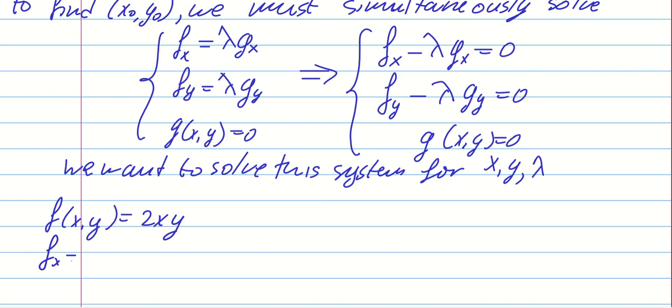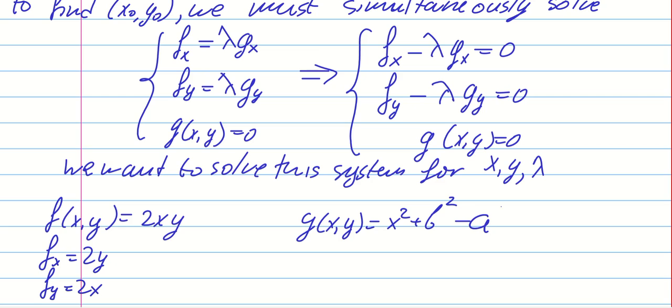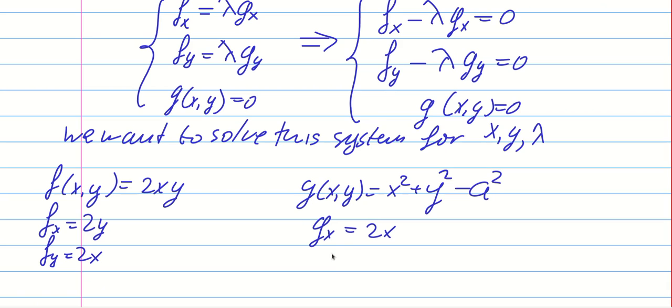So f sub x is 2y, f sub y is 2x. Our g of x y is x squared plus y squared minus a squared. So g sub x is 2x, g sub y is 2y.